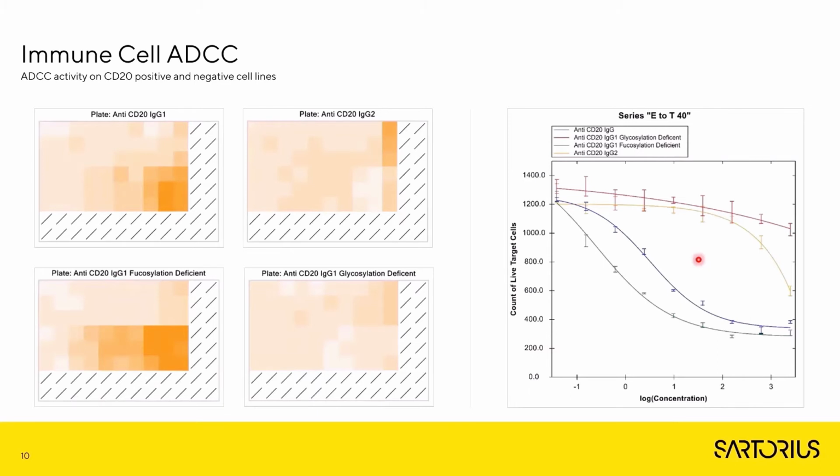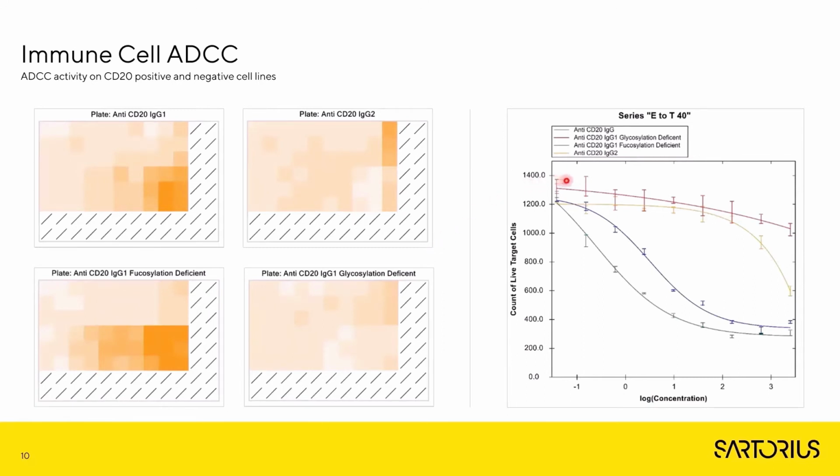So we've used here rituximab, and we've got our IgG1, IgG2, and then engineered variants of the IgG1. We have a fucosylation deficient variant and a glycosylation deficient variant. And what we're looking at is cell killing of these different plates, these different treatments.